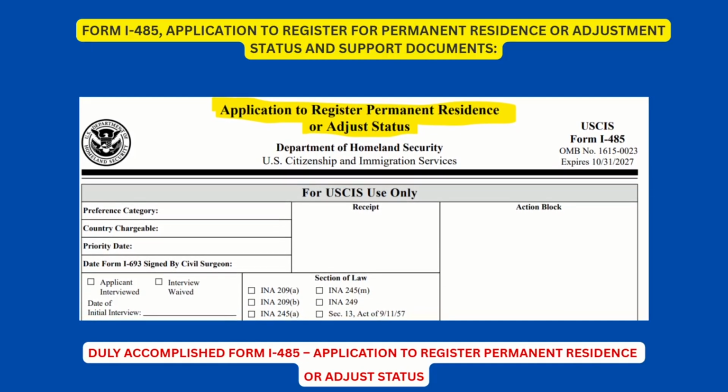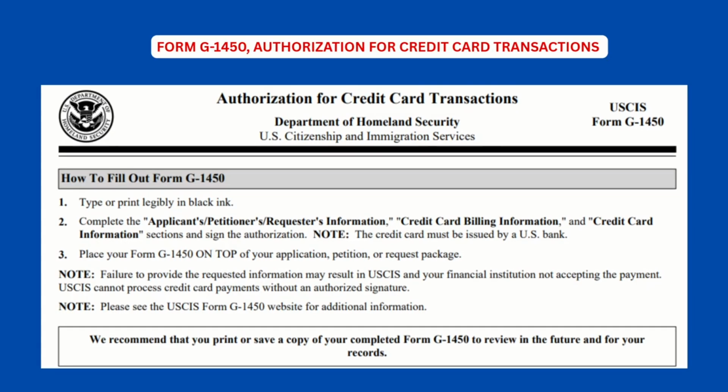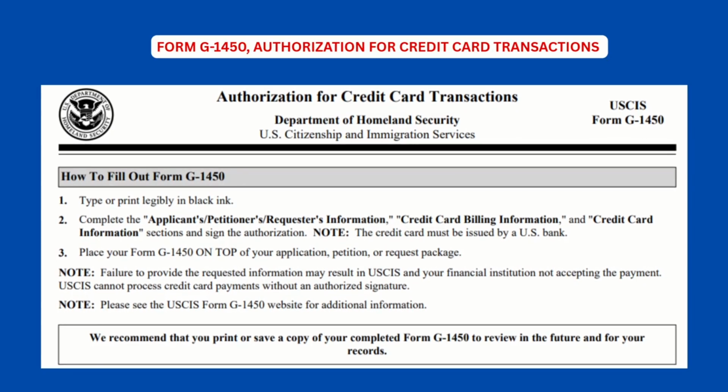You should fill out this form correctly and sign it correctly as well with the date. You can download the latest version of this form through the official website uscis.gov.